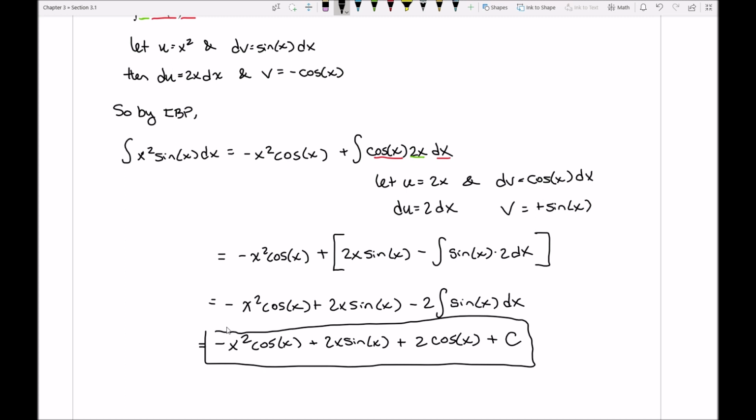That's fantastic. And of course, it would be easy to check to see if we were right. How would you check it? Well, you'd just go ahead and compute a derivative of what we just boxed there. And as long as it returns you back to our x squared sine of x, you know you must be correct. That can seem like a lot of work, but every so often I would encourage you to try that just to make sure that what you're doing makes sense, especially in the moments when you have time to practice.